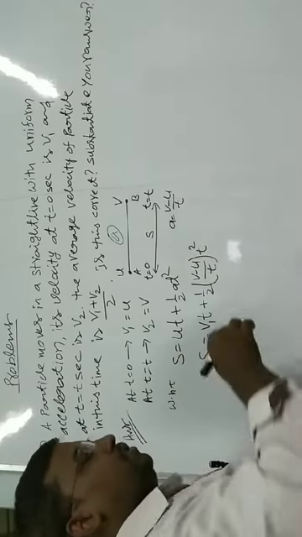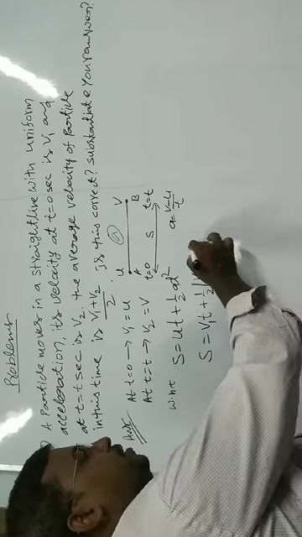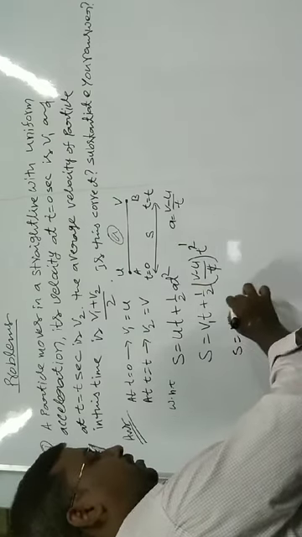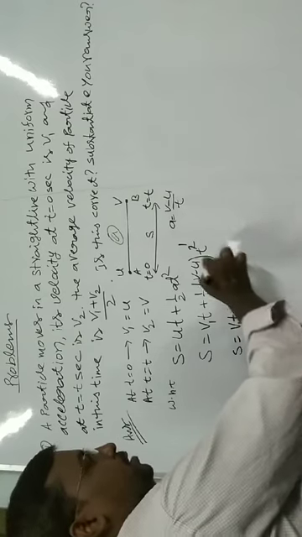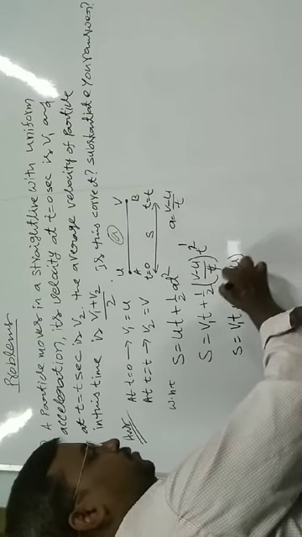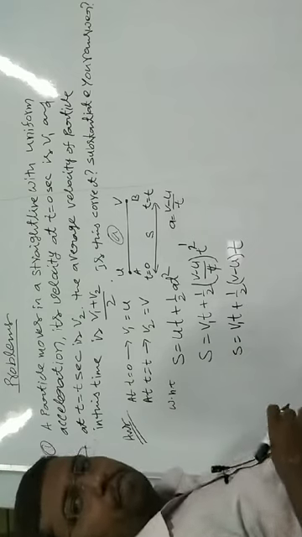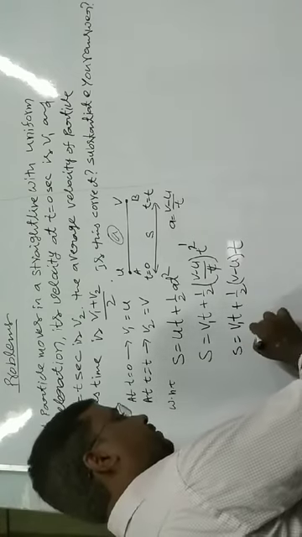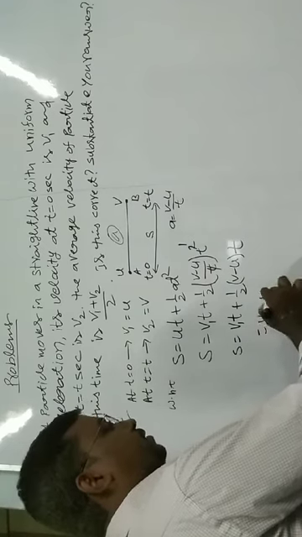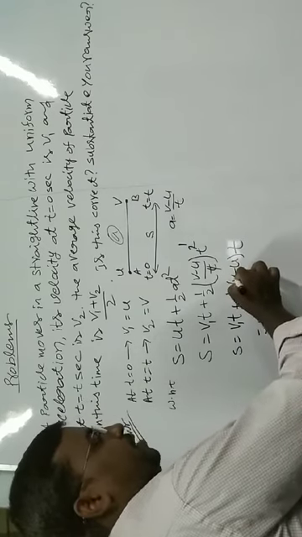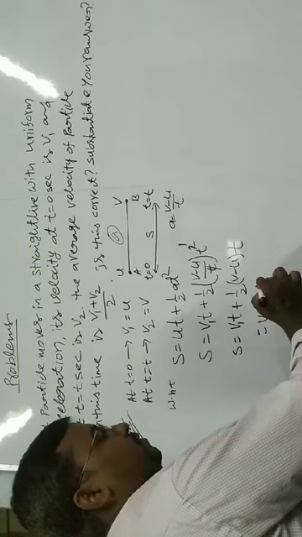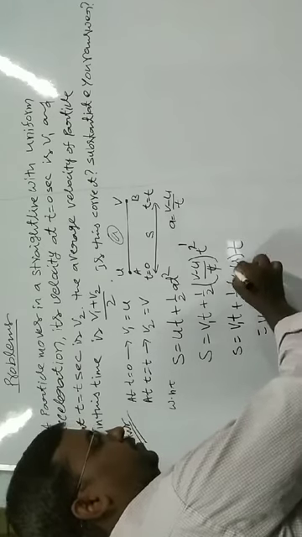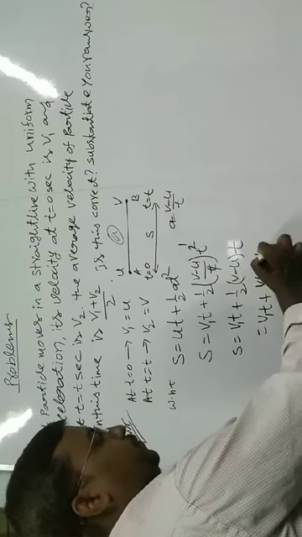Now in this situation, one t and t square get cancelled. s equal to v1t plus half into (v minus u) into t. Again, v1t plus half t multiplied with v gives vt by 2, similarly minus ut by 2.